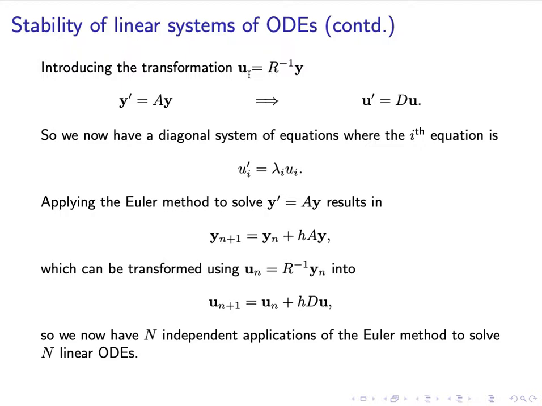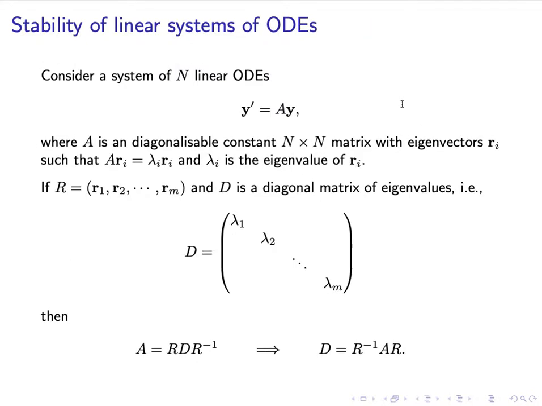So if we introduce a transformation where the vector u is equal to the inverse of R multiplied by y, we have the linearized system. So here's our original system, y dash equals Ay, or we can linearize that and we have an equivalent system which is u dash equals Du. Now remember D, if I go back a slide, is simply a diagonal matrix of eigenvalues.